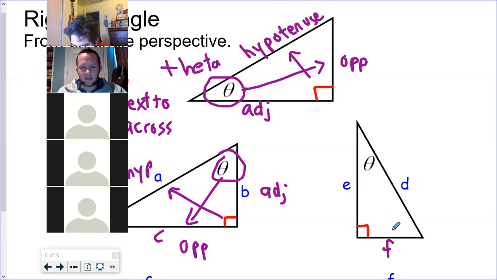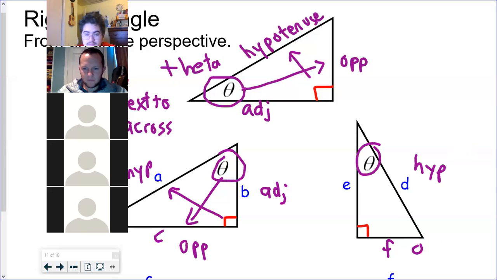All right, so now I need someone to speak up and tell me from theta's perspective here, which side is going to be opposite, which is adjacent, and which is hypotenuse. Side D is the hypotenuse. Side F is opposite, and side E is adjacent. Awesome, thanks, Keegan. So there we go. That's how you label opposite, adjacent, hypotenuse.